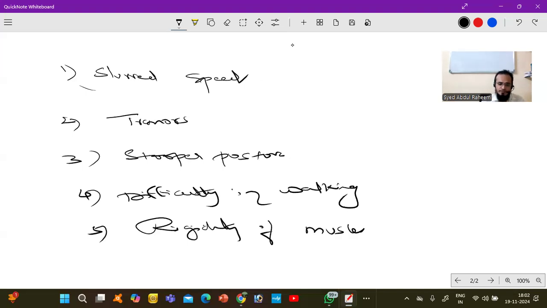So these are the things you can see. Already you know the slurred speech. Tremors mean shaking of the head, and when they want to hold anything, they will have involuntary movement. Posture, they will become like this.